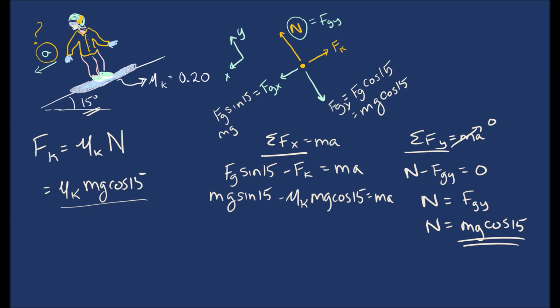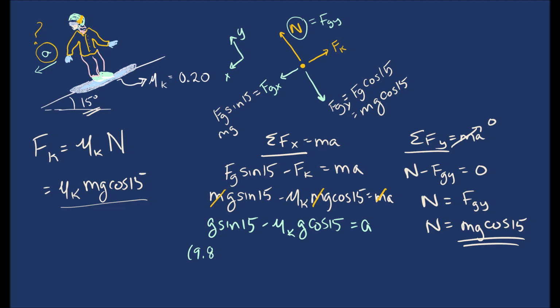Okay, well, indeed, the mass of the skier actually doesn't matter. Those cancel out. Okay, so we're left with g sine 15 minus mu k g cosine 15 equals a. And now we just end up having to plug in our numbers.